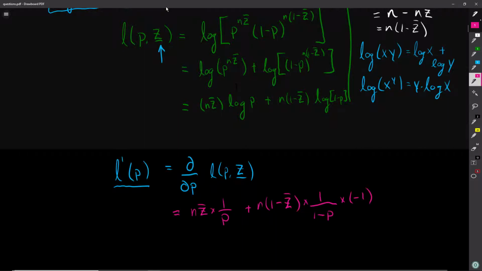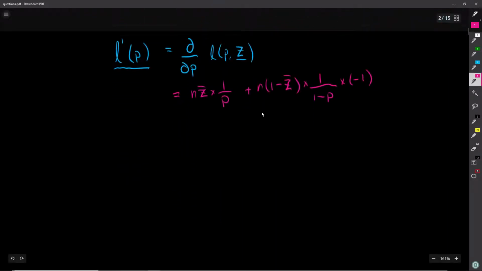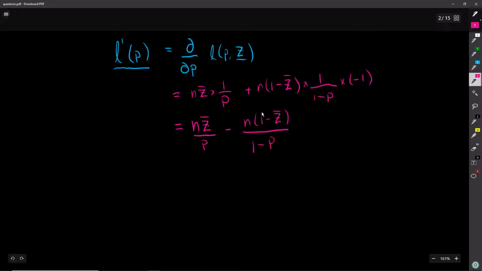So writing this down a little bit more neatly here, we have nz bar over p minus n times 1 minus z bar over 1 minus p. Okay, and now we know that because we're trying to maximize this function, we want to set this equal to 0 to find the critical points.